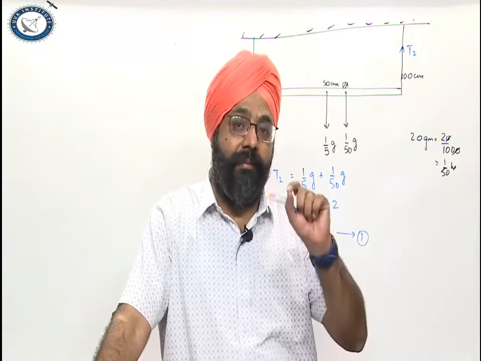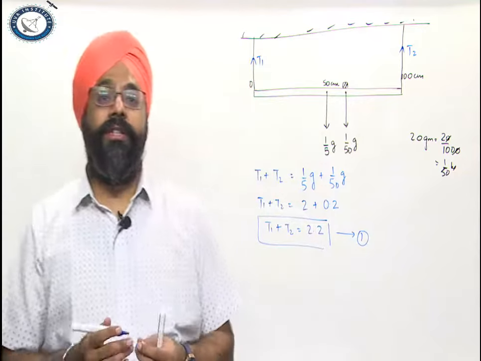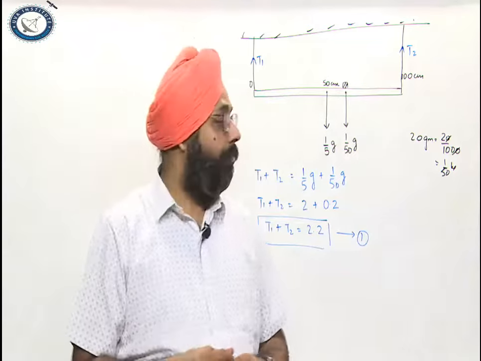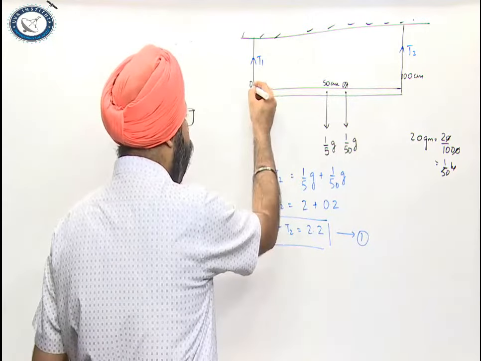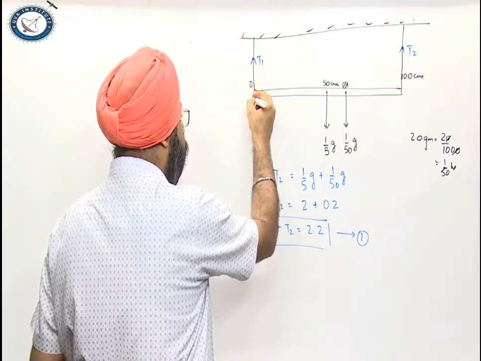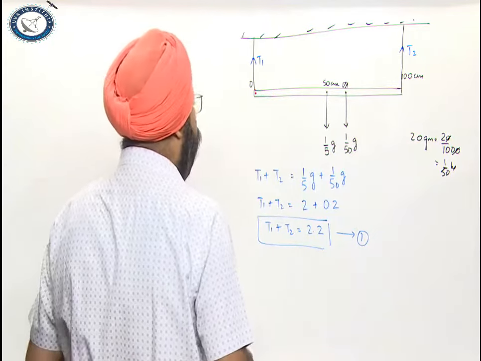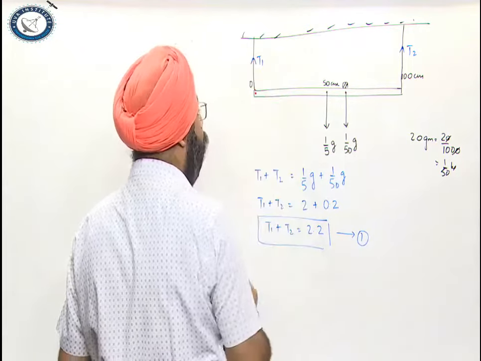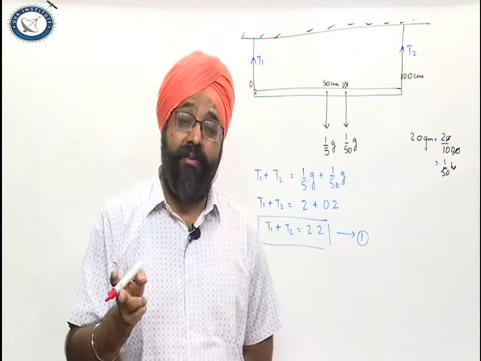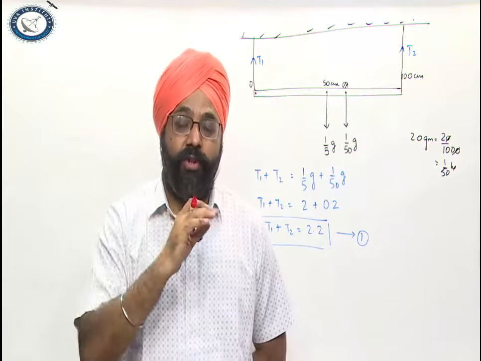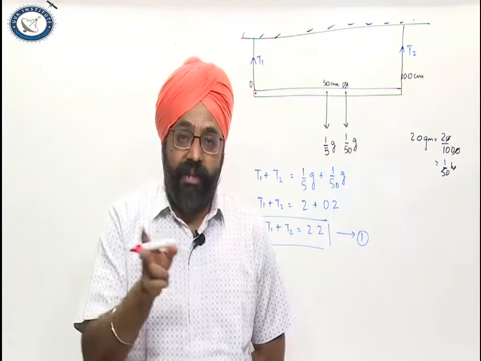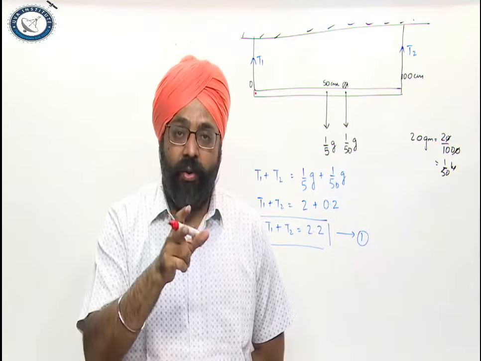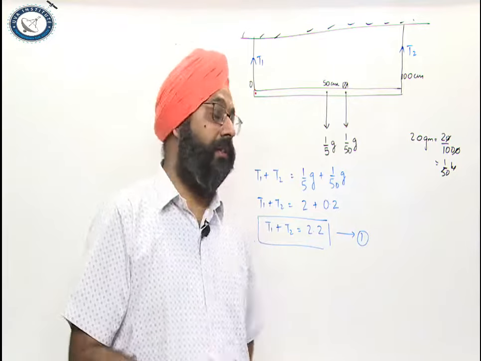Now I have two variables, T1 and T2. To solve for these two variables, I need two equations. The second equation will come from torque. Let's take this point as origin. The torque due to T1 will be 0, since T1 is passing through this origin, so there is no perpendicular distance.